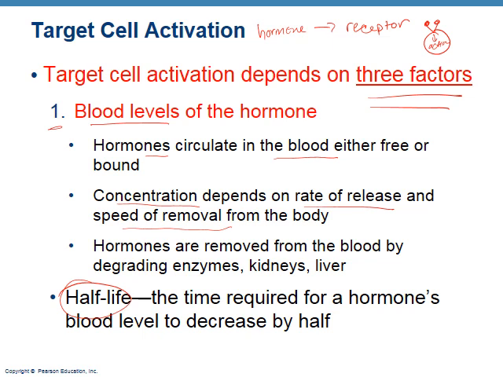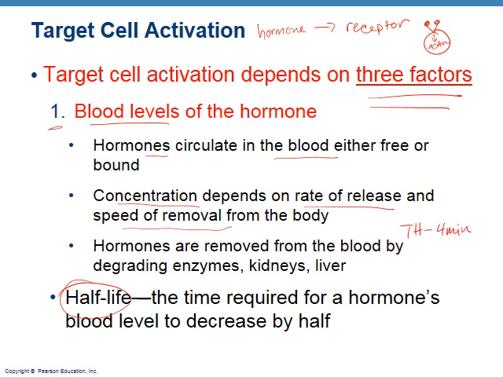And sometimes we talk about the half-life of a hormone. How long does it take for half of the hormone to be decreased, or what's the time required for the hormone from its beginning level to be halved, or to be at 50%? If you want to think of it as clearance from the body, that's fine too. These range. If we're talking about thyroid hormones, we could be talking about 4 minutes.